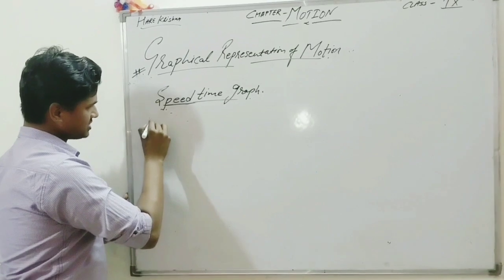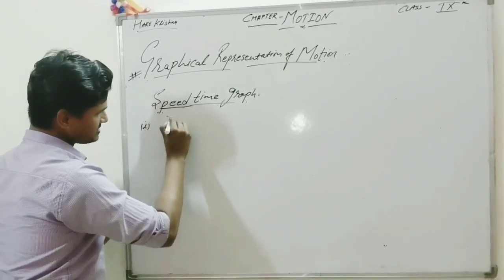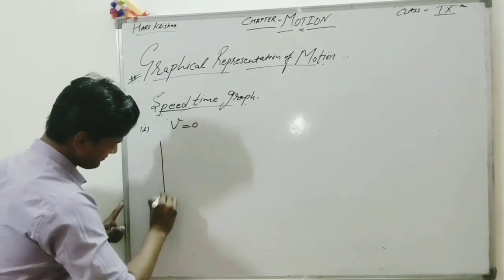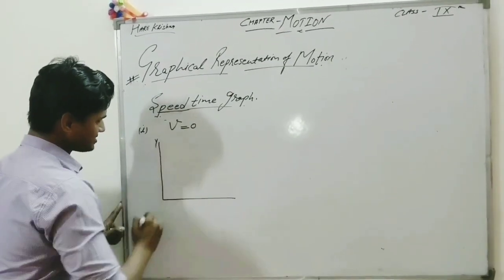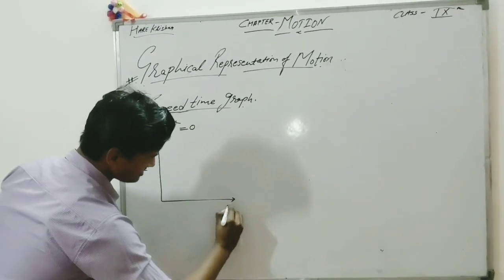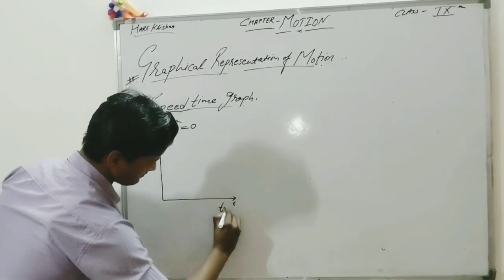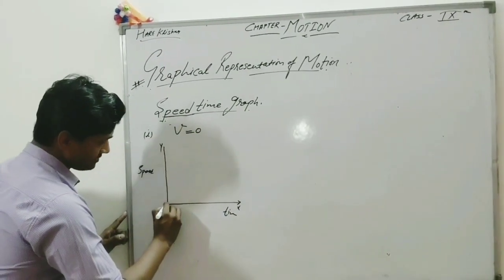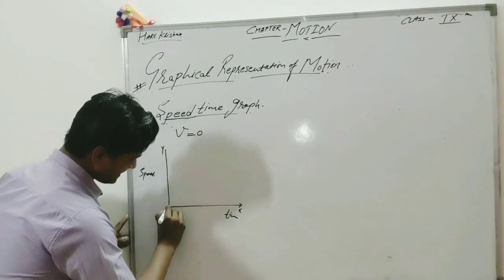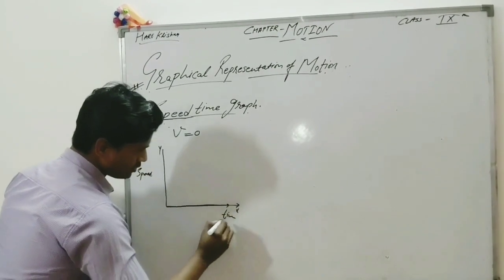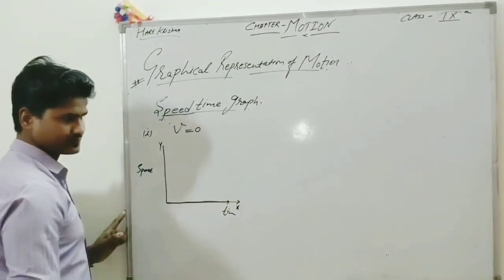Now we take a speed time graph. In the first condition, when the body is at rest, it means v is equal to 0. In this graph, on the y-axis we take speed and on the x-axis we take time. As the speed is 0, we only get a straight line on the time axis, or the x-axis.